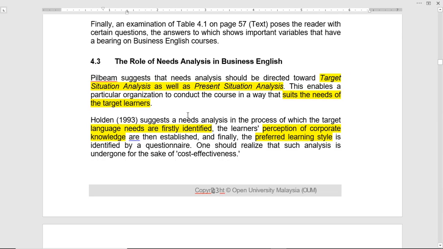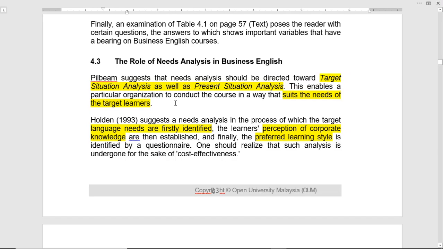Target situation analysis: what is the target of that needs analysis? What kind of things they need to know? Then also the present situation analysis: what is their level now? And what are their present current needs? So the courses are organized in such a way that suits the needs of the target learners.